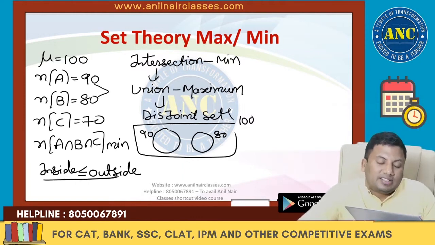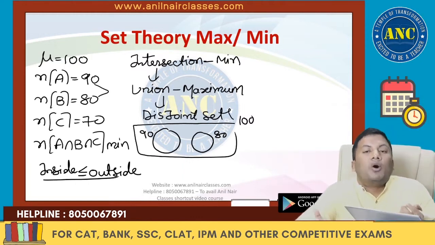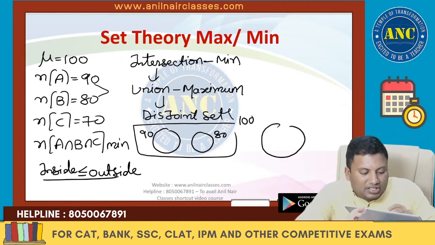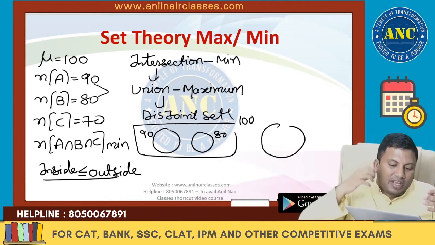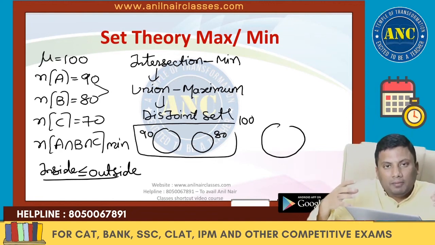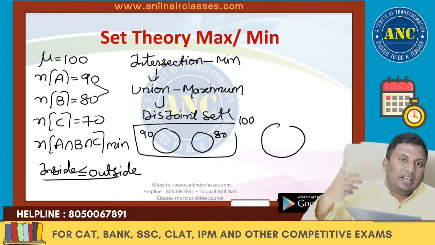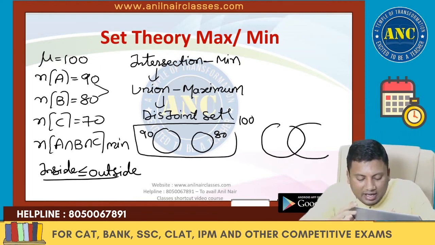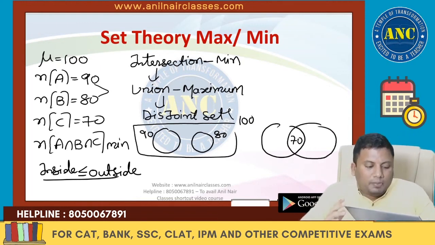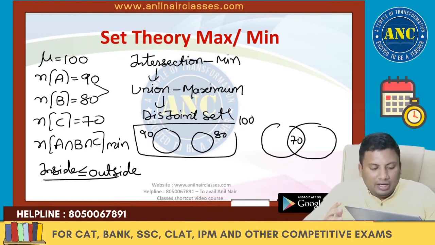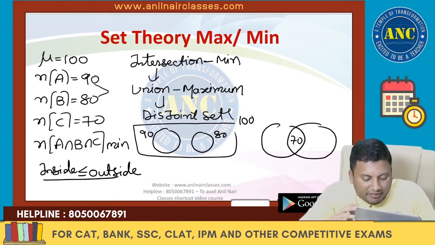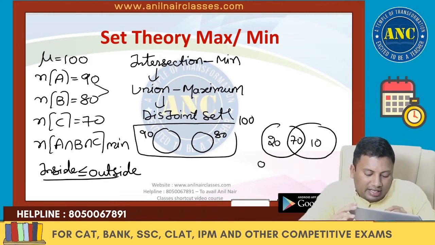Inside it is 170, outside it is 100. Intersection minimum means union is maximum, so make them separate. 170 is greater than 100. That means 70 should be the value that is combined. If 70 is combined, this is 20, this is 10 and it is 0.